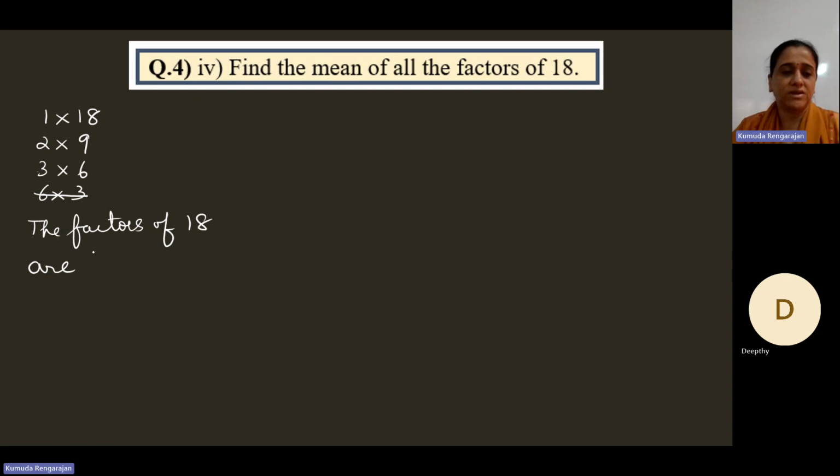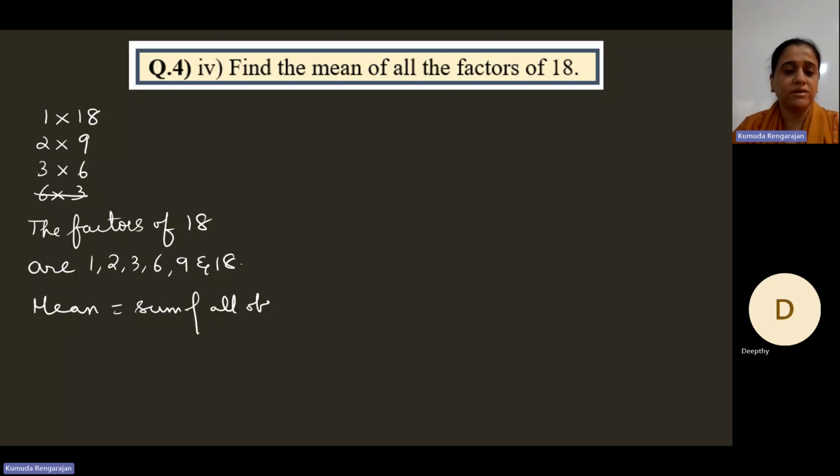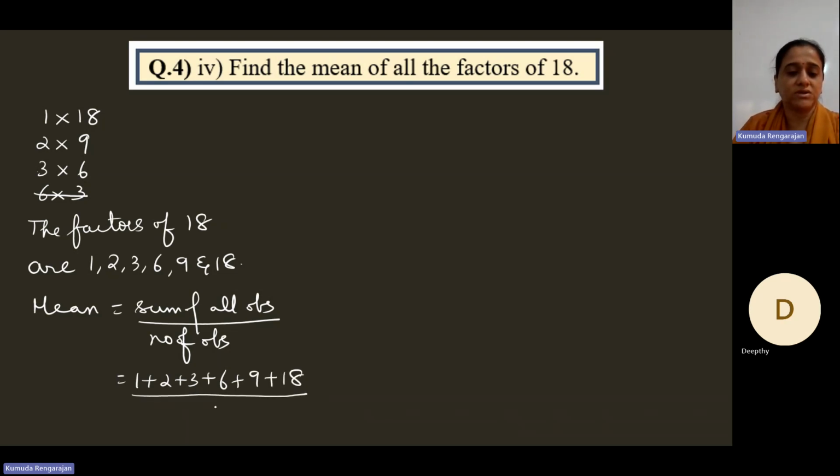So the factors of 18 are 1, 2, 3, 6, 9, and 18. We'll have to find the mean. Mean is equal to sum of all observations divided by number of observations. 1 plus 2 plus 3 plus 6 plus 9 plus 18 divided by 6.